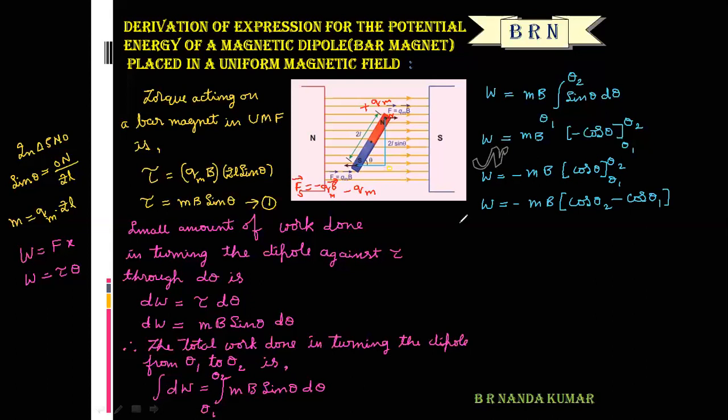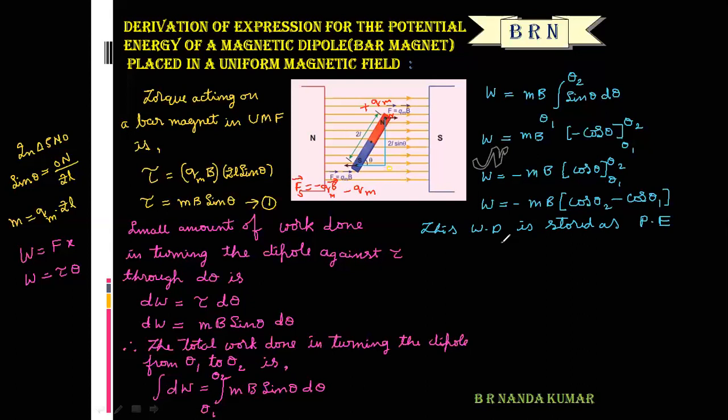Okay, W is equal to minus mB of cos theta 2 minus cos theta 1. So this work done is stored as potential energy.